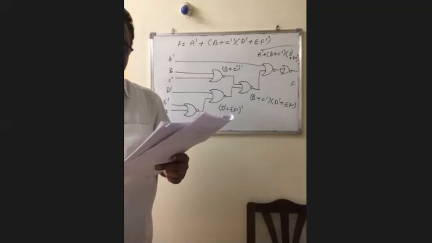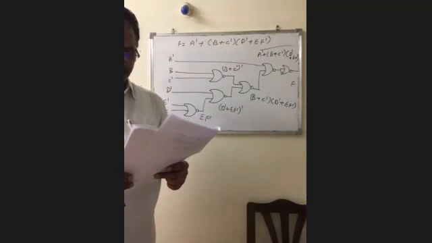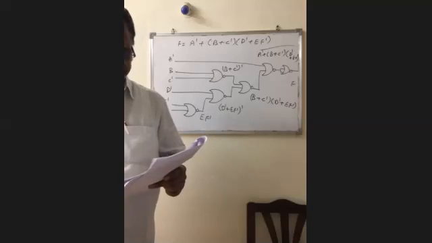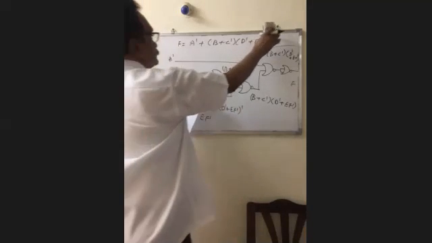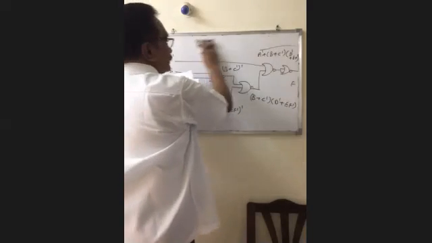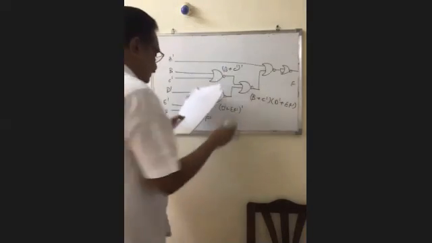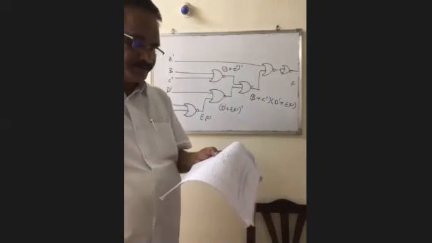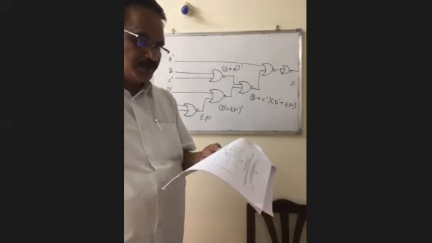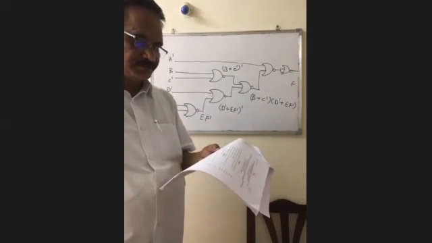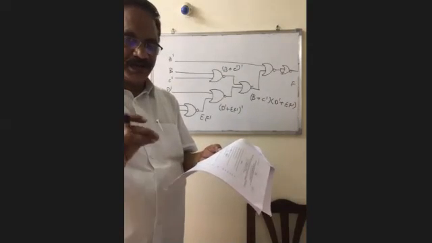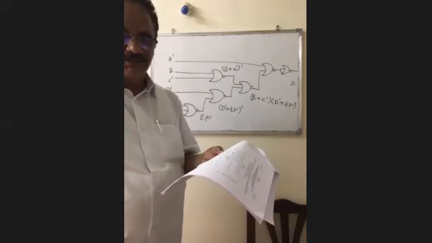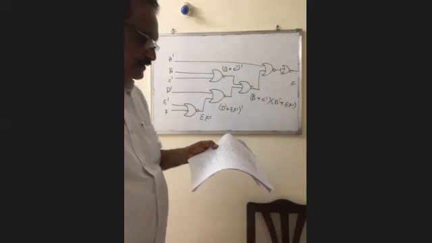Okay, take one more example. This is also from the previous question paper. Implement the following Boolean function with only two input NAND gates.